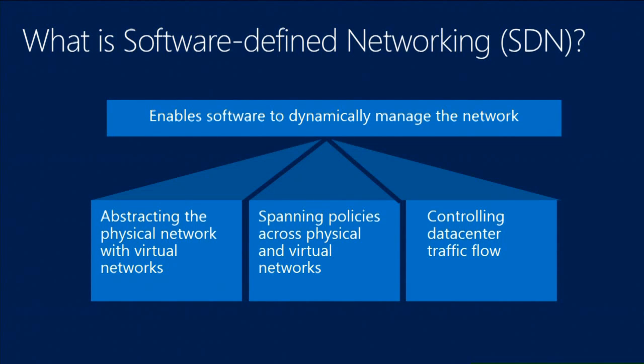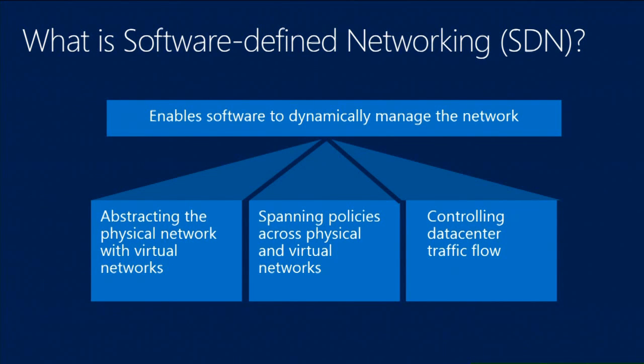And the way you do that typically is by having 3 things. The first is you need to abstract the underlying physical network away with a virtual network on top. In the same way as you abstracted physical servers and replaced them with virtual machines, which are so much more flexible, the underlying physical network now needs to get abstracted away as well.